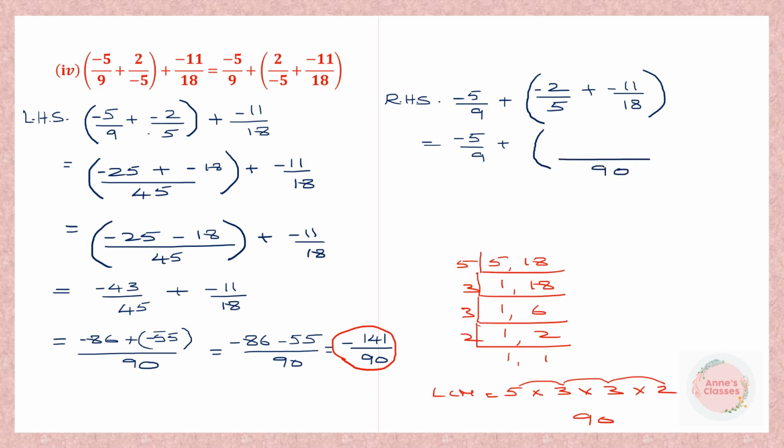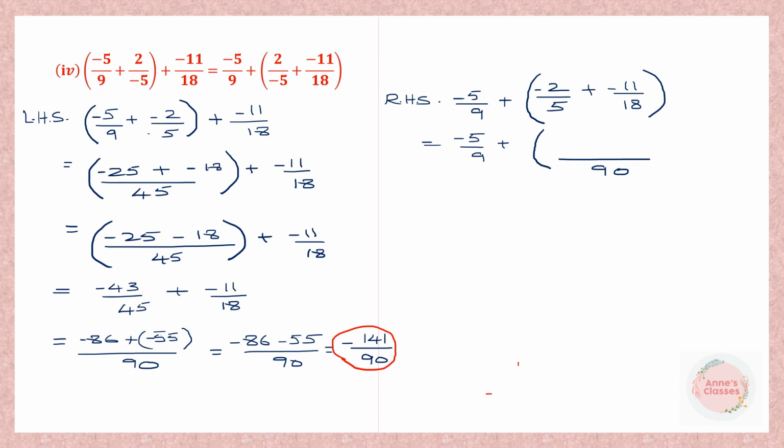Now let's take the first rational number, which is minus 2 by 5, and multiply it with the LCM, that is 90. Now we can cancel 5 and 90. 5 ones are 5. 5 into 18 is 90. Now 18 into 2 is 36. So minus 36. So let's write that, minus 36, and take the second rational number, which is minus 11 by 18, and multiply it by the LCM, which is 90.